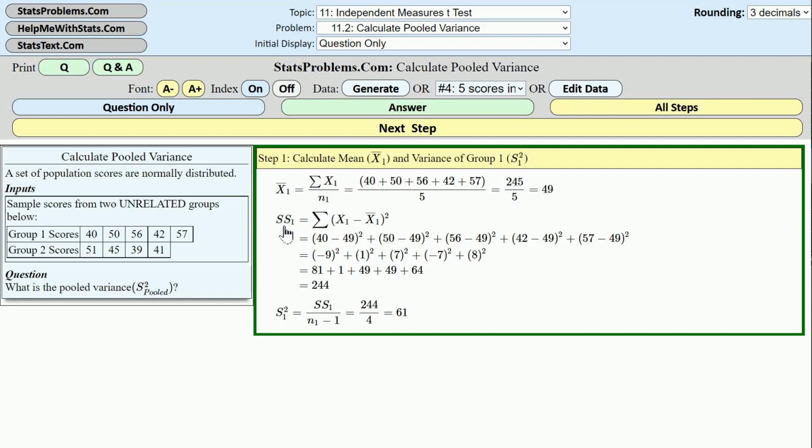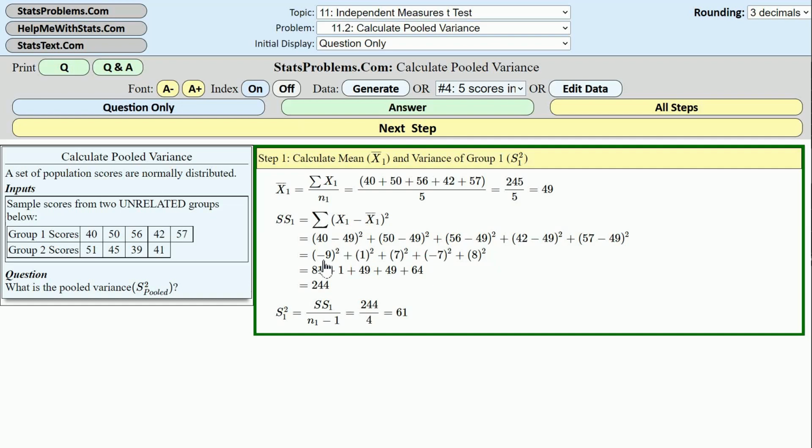The sum of squares, SS1, equals the sum of the squared deviations of each score x1 from the group mean, x bar 1. In this example, the sum of squares, SS1, equals 40 minus 49 squared plus 50 minus 49 squared plus 56 minus 49 squared plus 42 minus 49 squared plus 57 minus 49 squared.